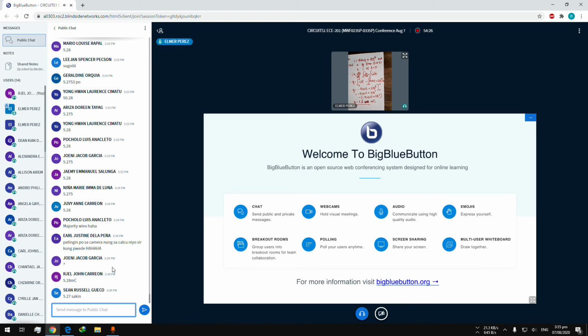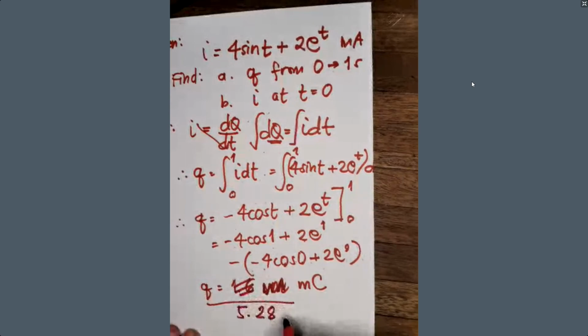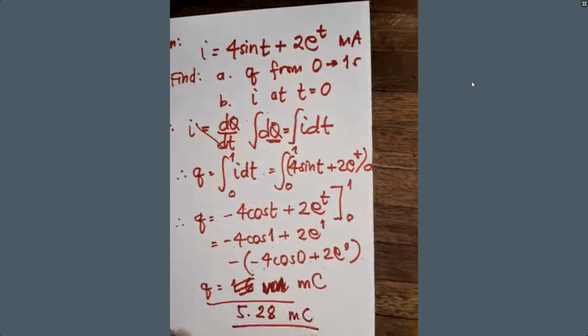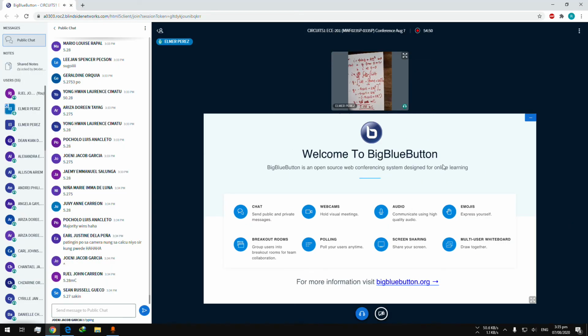Okay, so mali yung shortcut ko. Nag-shortcut kasi ako ng integral. Bakit iba yung nilalabas ng integral?